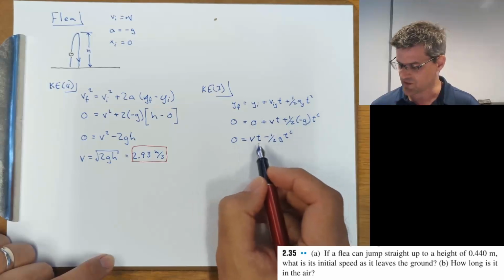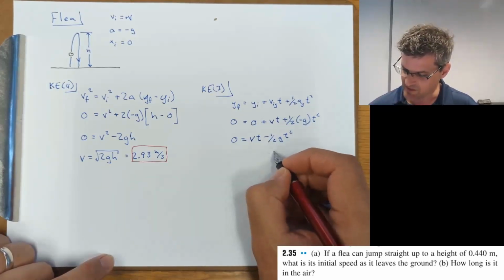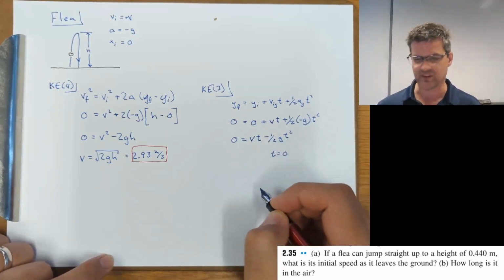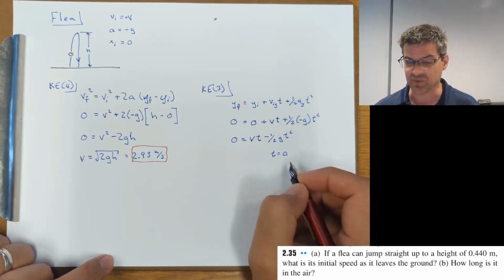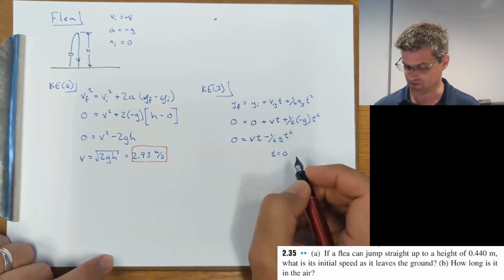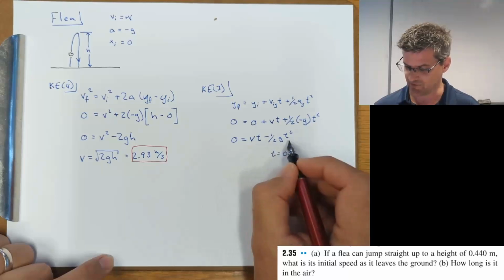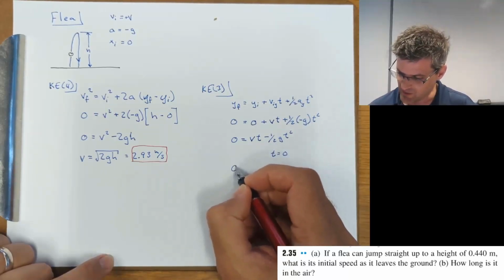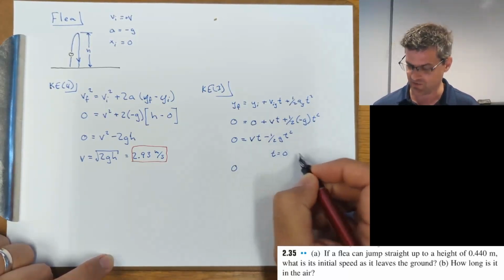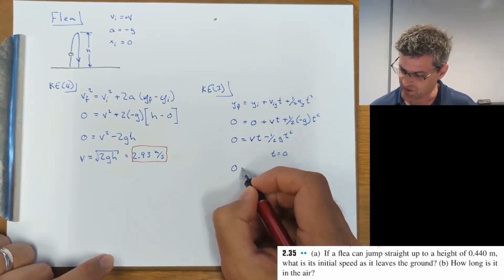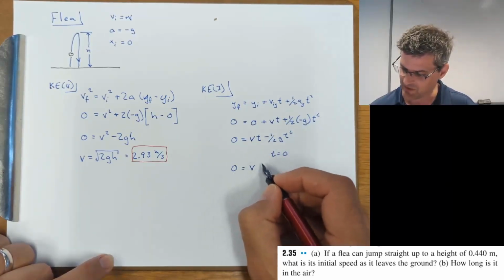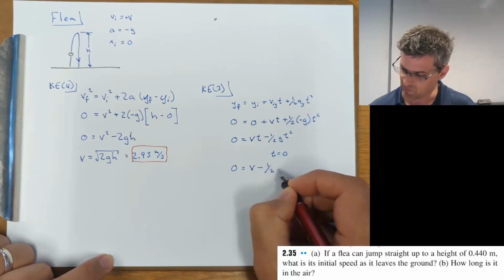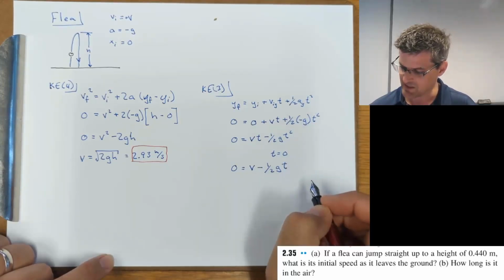So one way this can be true is to have t equals 0. At t equals 0, the flea is on the ground. That's one of the times when the flea is on the ground. And so I can factor the t out of this. Remembering that we still have this solution of t equals 0, we can also then say that 0 is equal to v minus 1/2 g t.